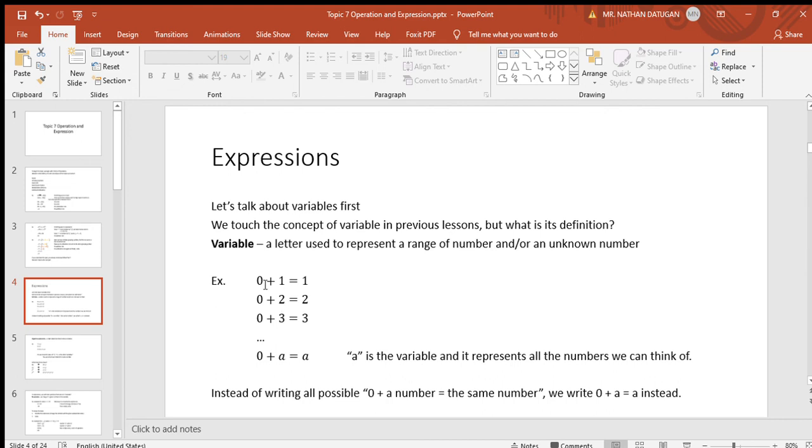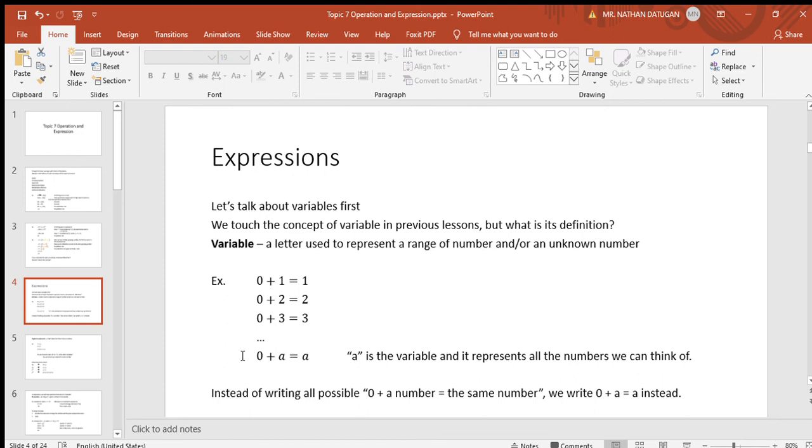So in this case, let's say we have 0 plus 1 is equal to 1, right? That's pretty obvious. 0 plus 2 is equal to 2. 0 plus 3 is equal to 3. 0 plus 4 is equal to 4. And so forth. We can represent this idea if we rewrite this as 0 plus a is equal to a.